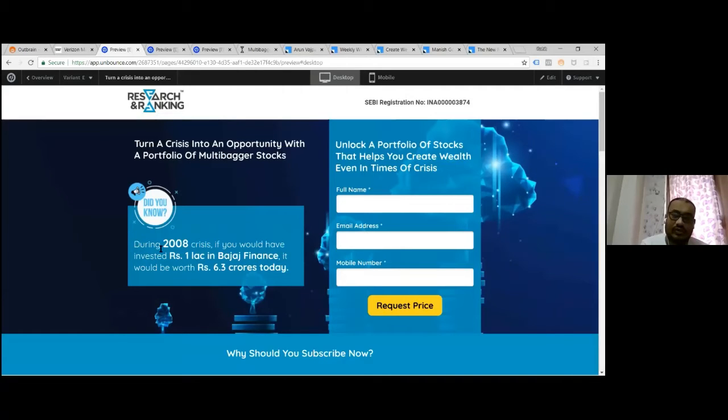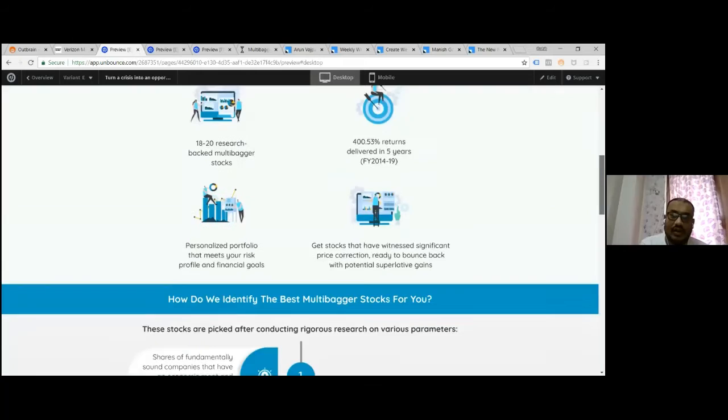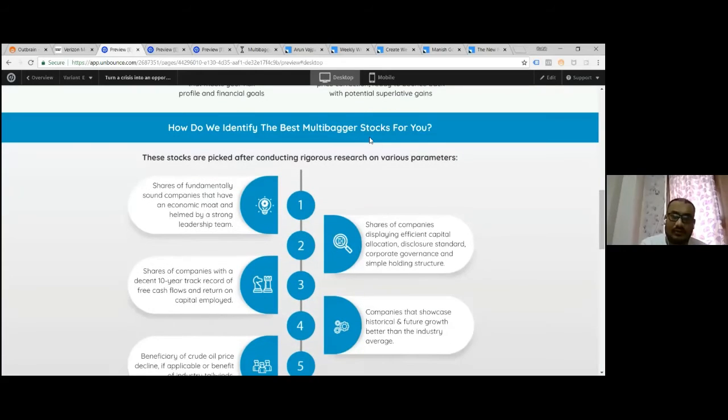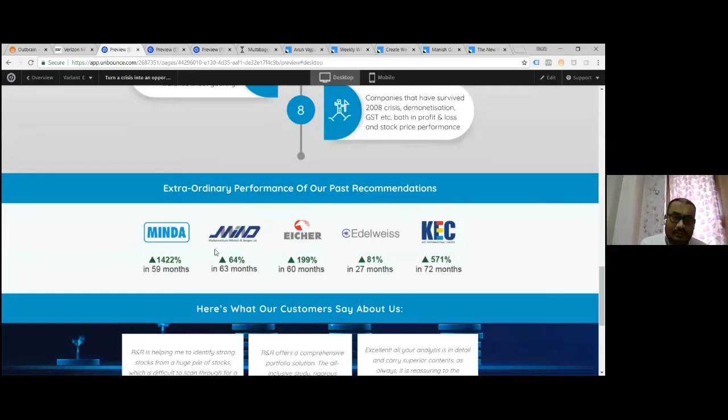So there's a clear hero statement here. There's a clear call to action, and at the same time, you look at the elements of the story. There's a strong reason for subscription given. There's an entire story of who the brand is, how the identification is done, what is the research process, etc., etc. There is proof of concept, and there is social proof as well, right?